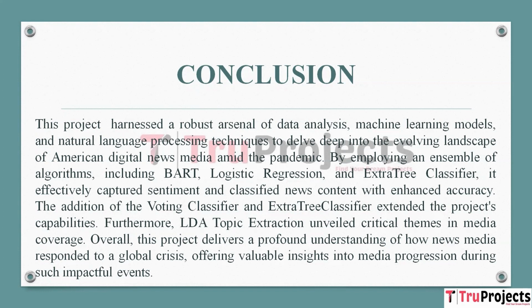The project's capabilities were increased with the addition of the voting classifier and extra-tree classifier. LDA topic extraction also uncovered important topics in media coverage. Overall, this project provides a profound grasp of how news media handled major crises, providing insightful information about how the media developed throughout such significant occurrences.